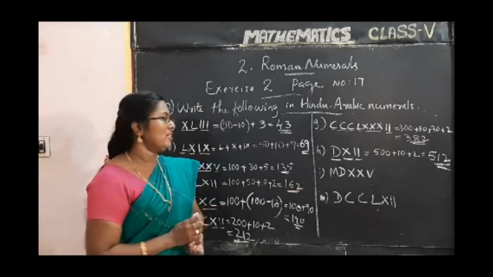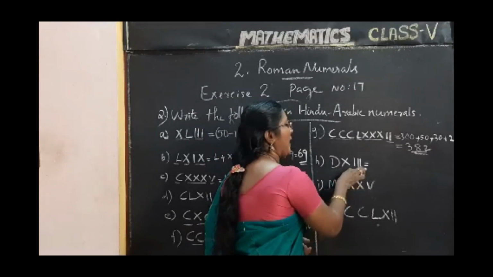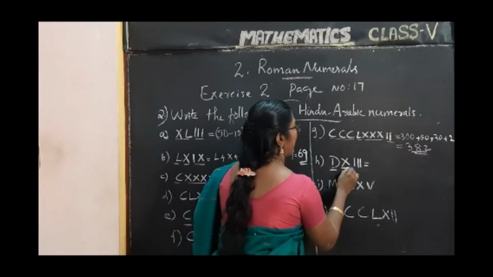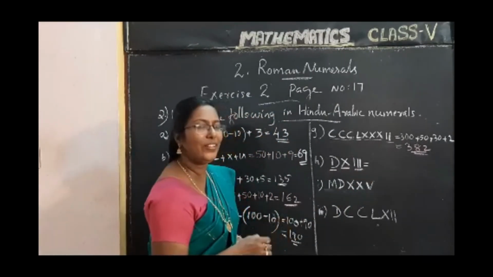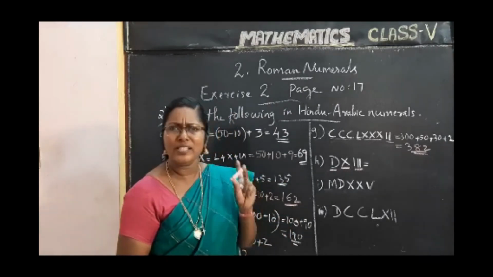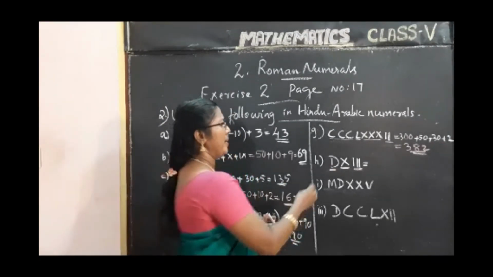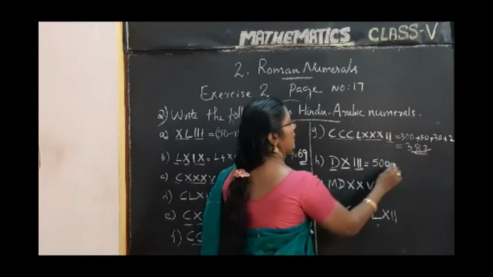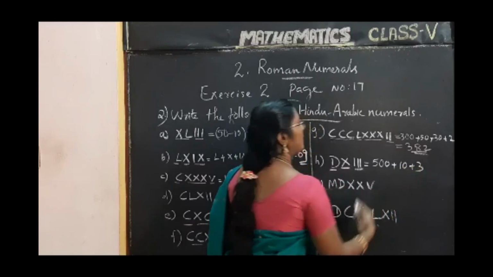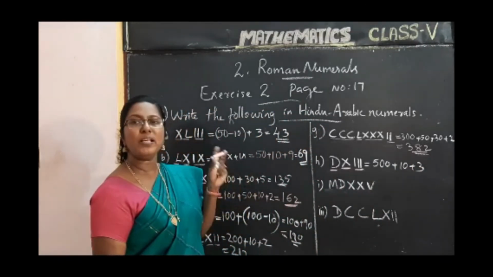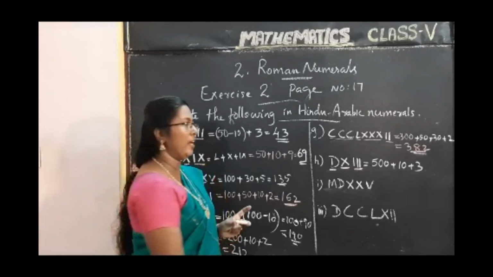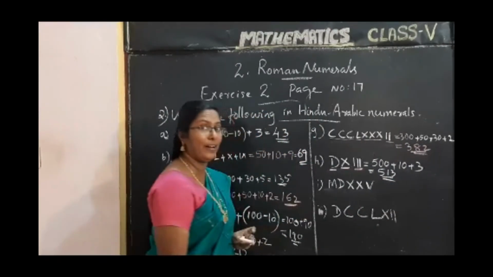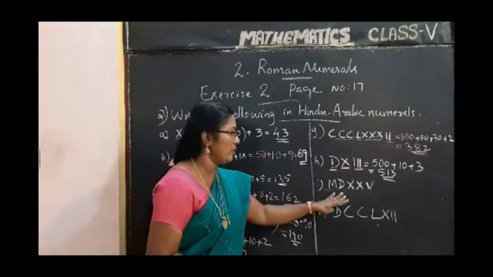The next one is DXIII. Here we can split up. D denotes 500 plus 10 plus 3 equals 530. Okay.